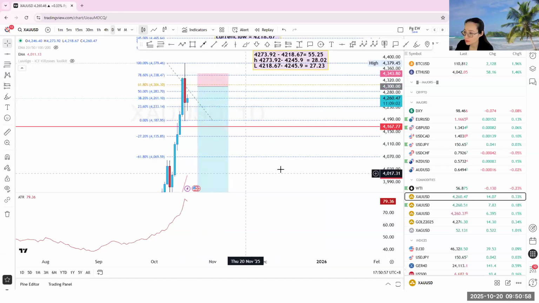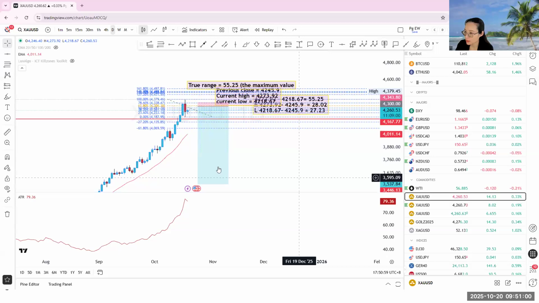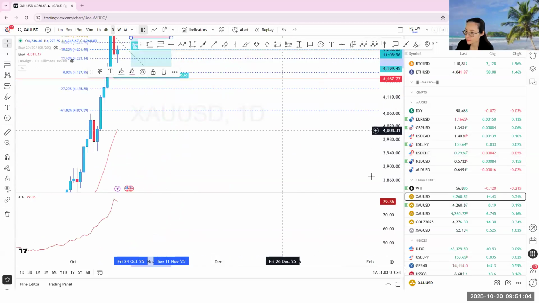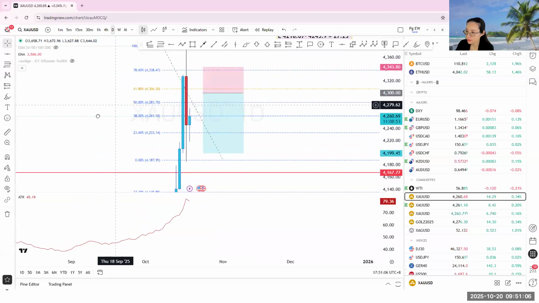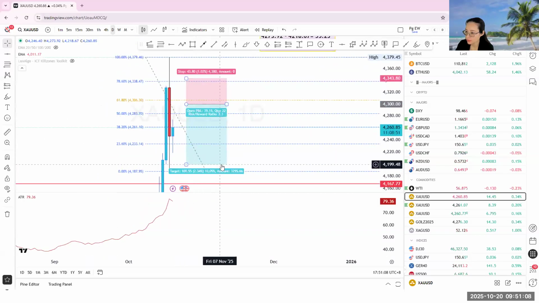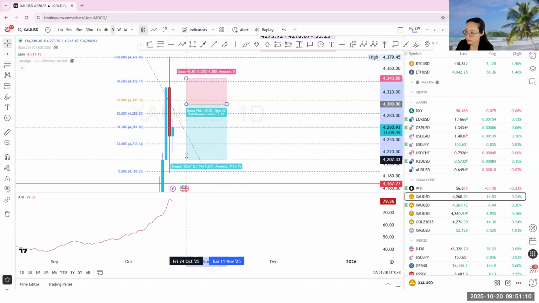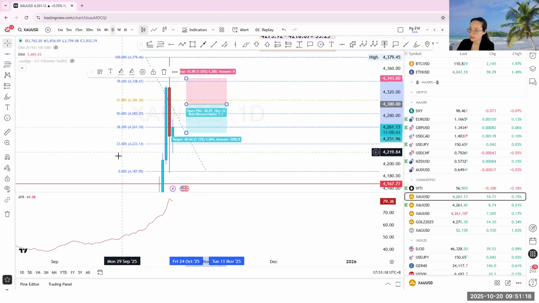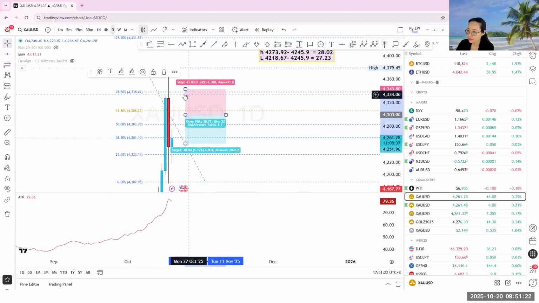Let's just say I'm going to aim for 1 to 1. You look here, 1 to 1 would be somewhere around here. Stop loss 80, you will put here.